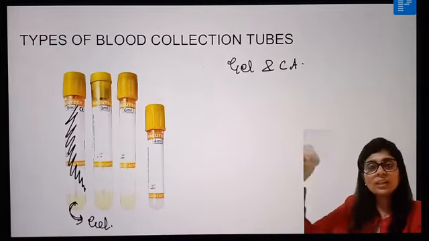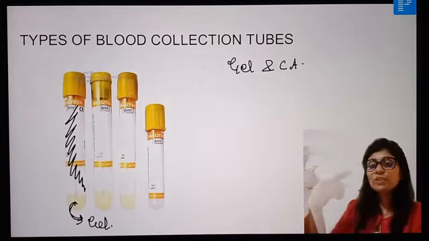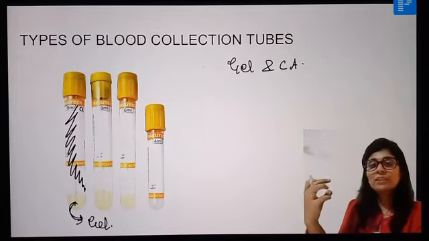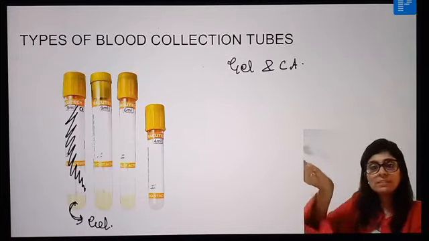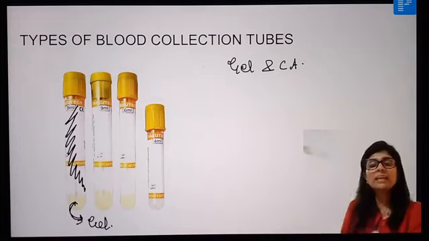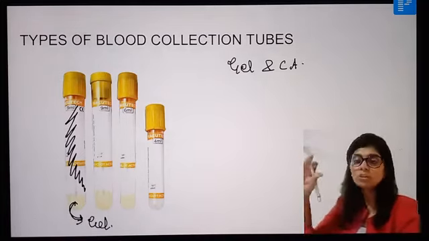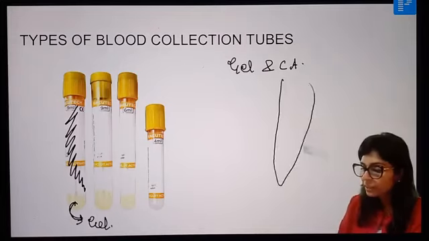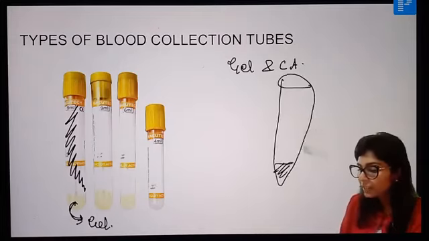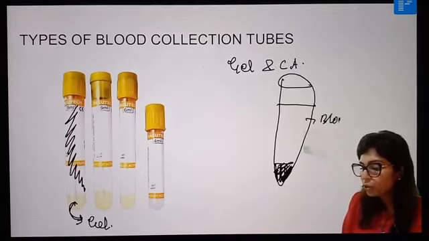In this case, you collect a blood sample, then you centrifuge the tube. When you centrifuge the tube, the gel will rise up and it will stand like a mechanical barrier between cells in the bottom and serum on top. So when you collect the blood sample in a gel tube, initially the gel will be in the bottom and the blood sample will be collected on top.